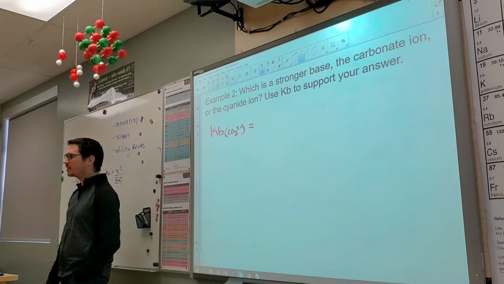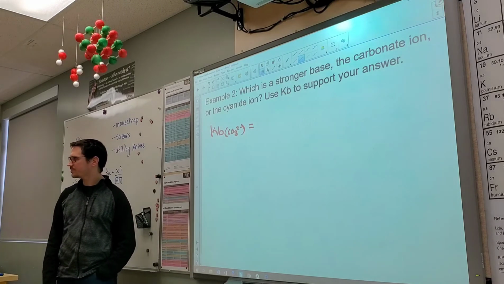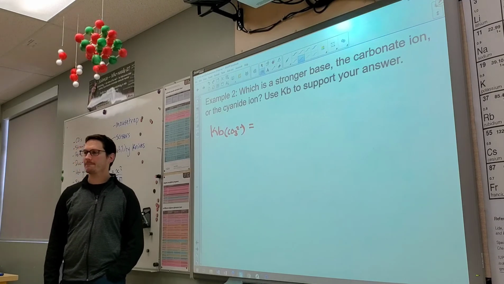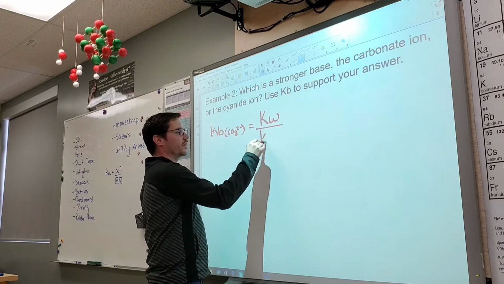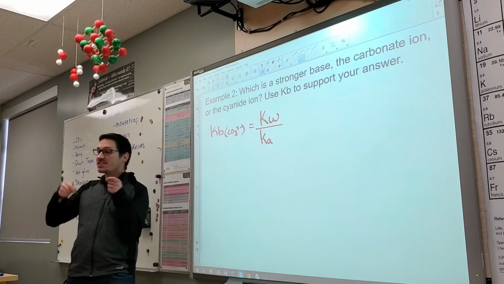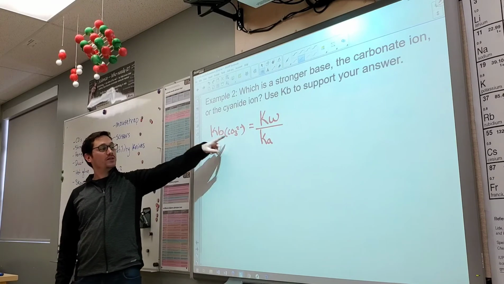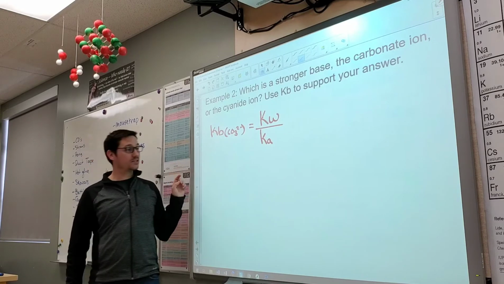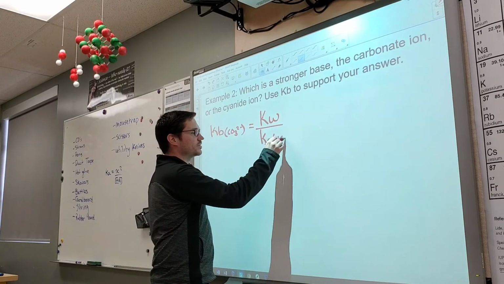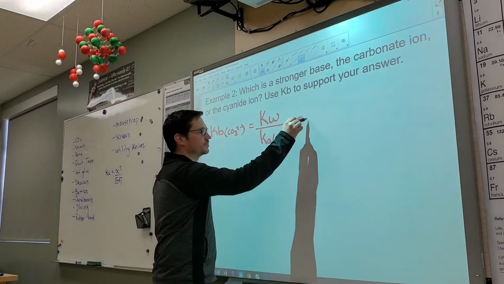how could we calculate the Kb of a weak base? Kw over the Ka of its conjugate acid. What is the conjugate acid of carbonate? Hydrogen carbonate, HCO3 minus.